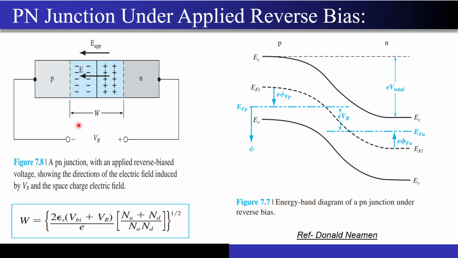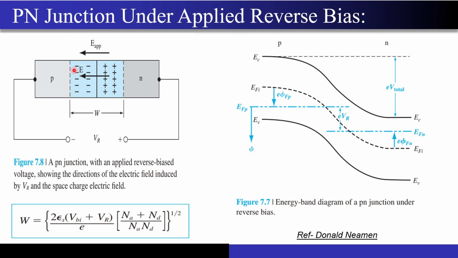Now if you apply the reverse bias, that means you are applying a negative voltage on the p side. So whatever holes were there at this boundary, you are now pulling them towards the battery. This region was already depleted of free carriers.